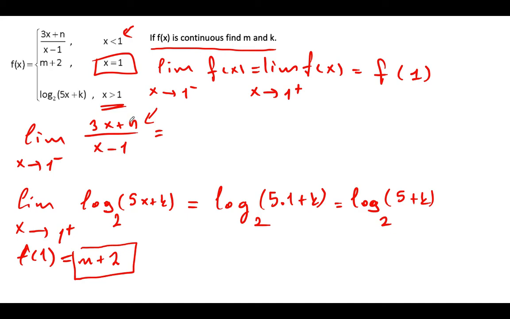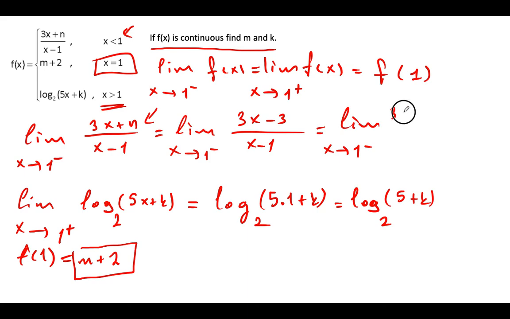Isn't it, instead of n, if I say negative 3, it will be the limit of 3x minus 3 over x minus 1 as x approaches 1 minus, so it will be the limit as x goes to 1 minus of 3 times (x minus 1) divided by x minus 1. So it will be simplified, so the result will be 3.